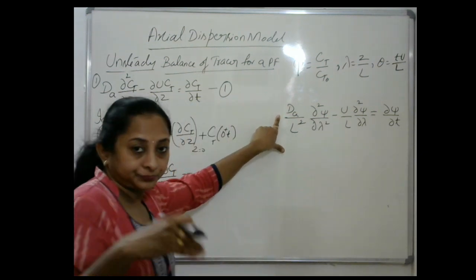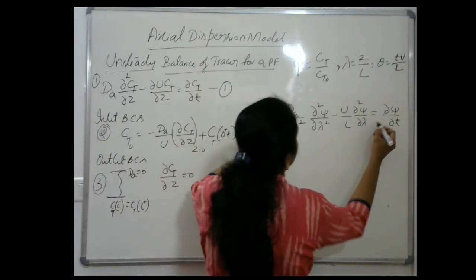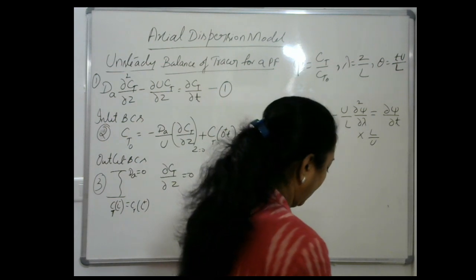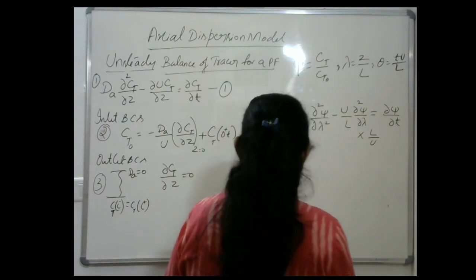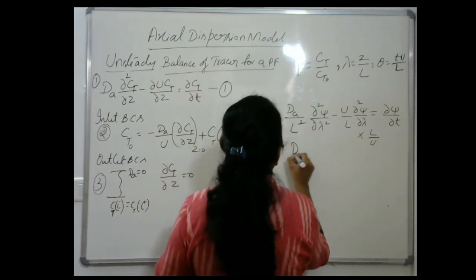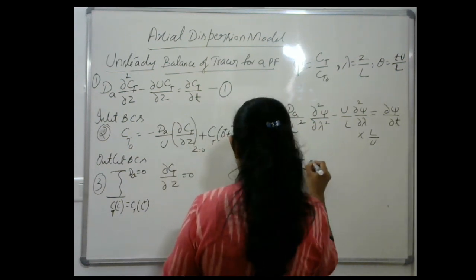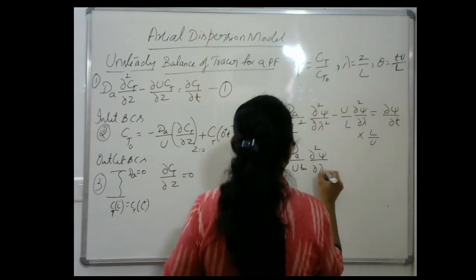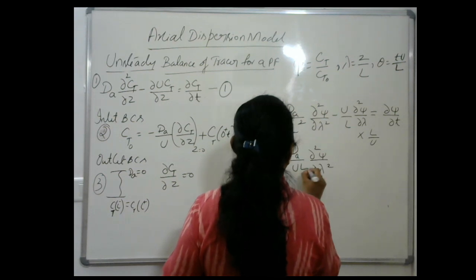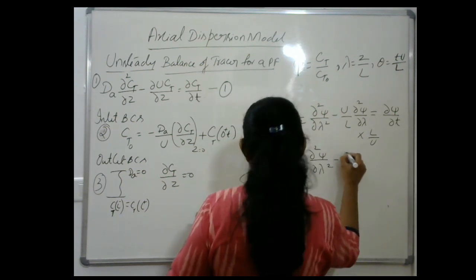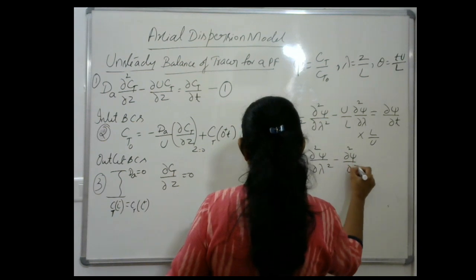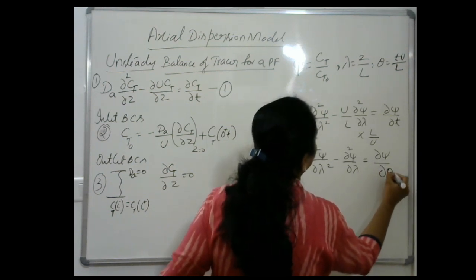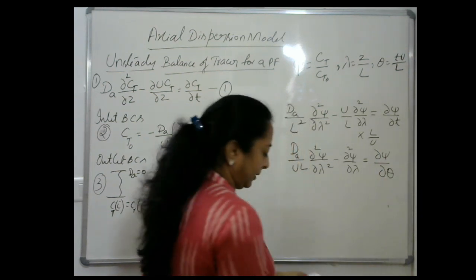Now multiply this equation by L by U, and finally the equation reduces to dA by UL dou square psi by dou lambda square minus dou psi by dou lambda is equal to dou psi by dou theta. See, this T became theta.